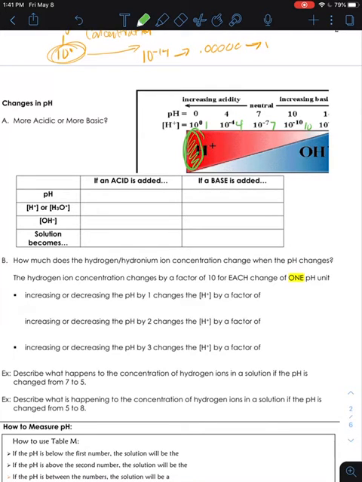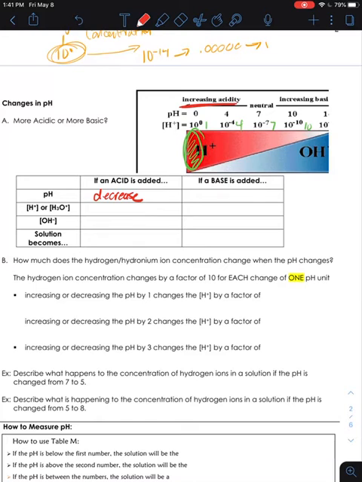Okay. The key to this is when you look at this, you have to be able to say, well, is it more basic, less basic, increasing acidity, decreasing acidity? So when we take a look at this, pH-wise, if we're going to add an acid, the pH is going to decrease. Okay, so adding acid is going to increase acidity.